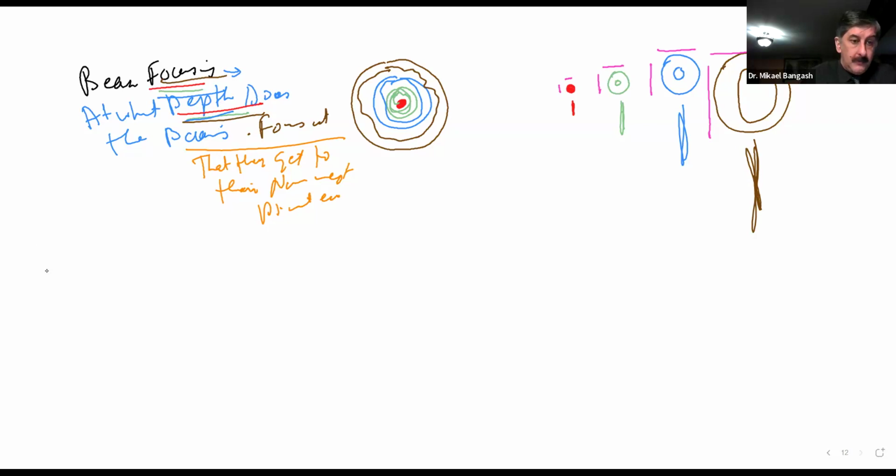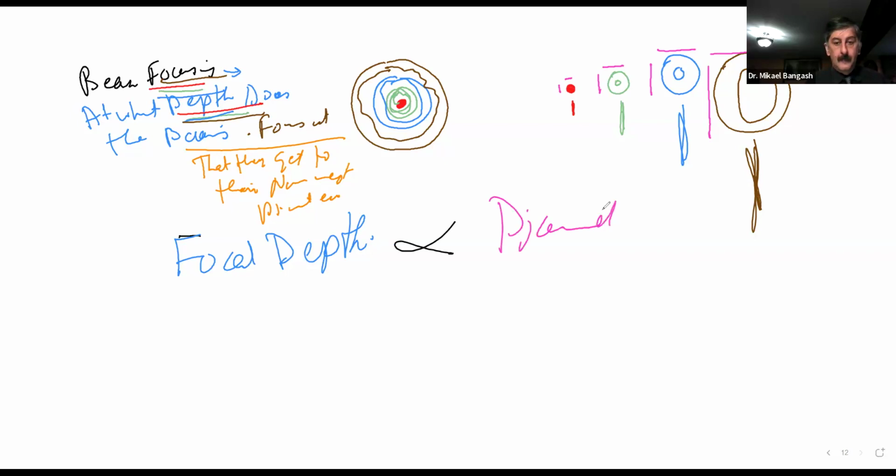Now, guys, if you remember back in a previous chapter, we said that focal depth was directly proportional to diameter.